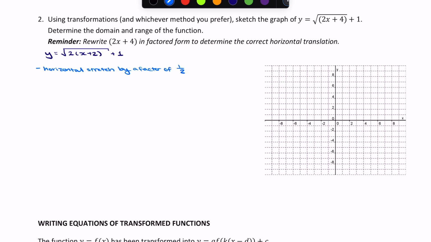In this situation, k value is 2, so 1 over 2. And then we have a few translations. Translated 1 unit up and translated 2 units to the left.